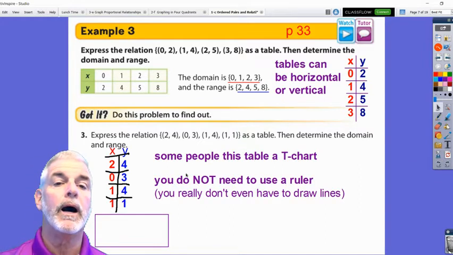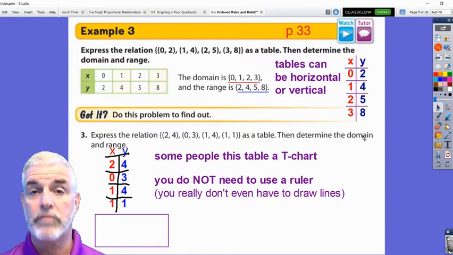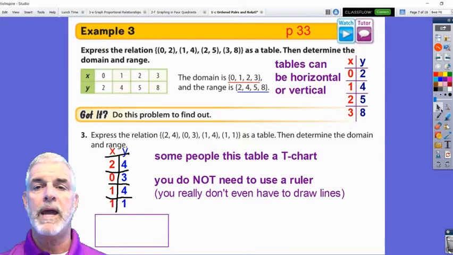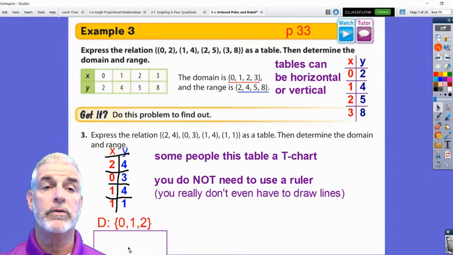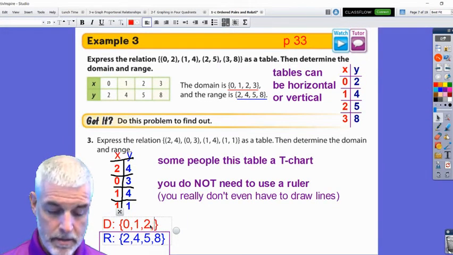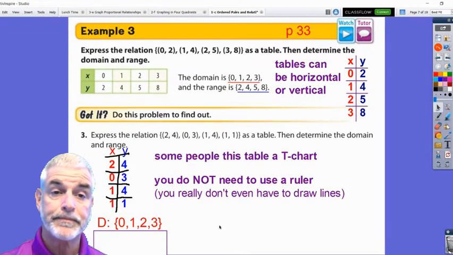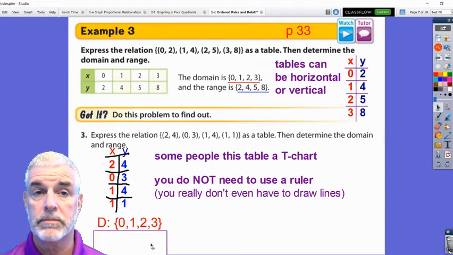All right. More important question here, though, is what is the domain and what is the range? So what is the domain for this problem? That's the list of input values, 0, 1, 2, and 3. What is the range for this problem?